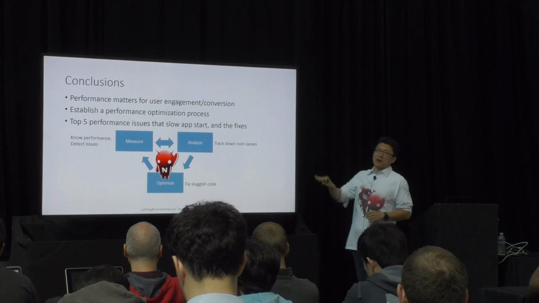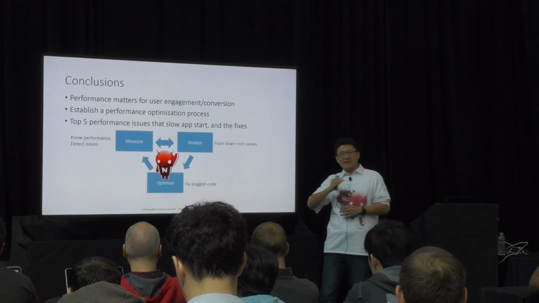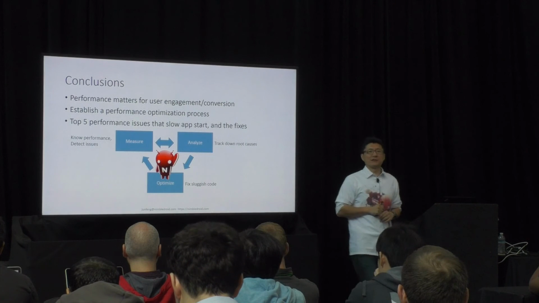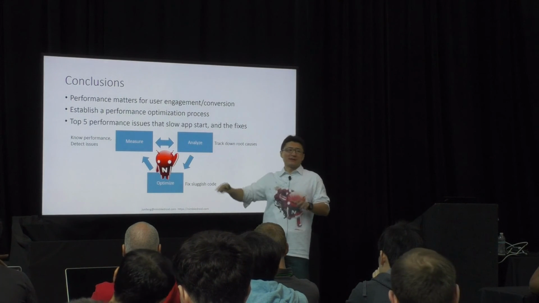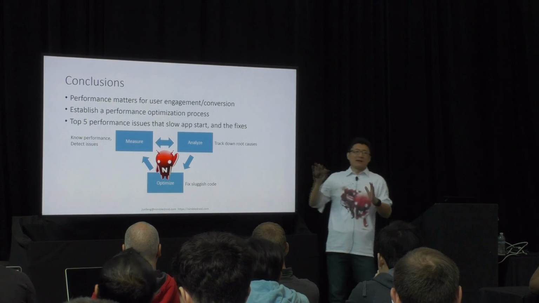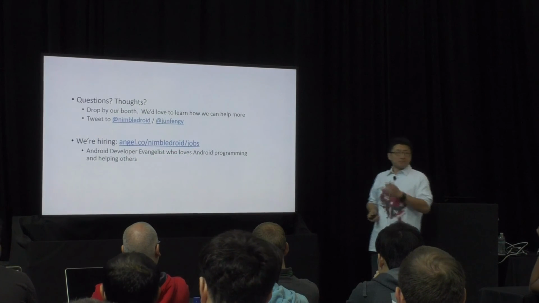I want to repeat this process as often as possible, maybe for each pull request, each testing build, each alpha and beta release, to make sure that regressions are fixed at the moment they're introduced. I've also covered the top 5 performance issues we see in a lot of the apps we analyze. I hope that by learning these, you can avoid the issues and make your apps excellent.